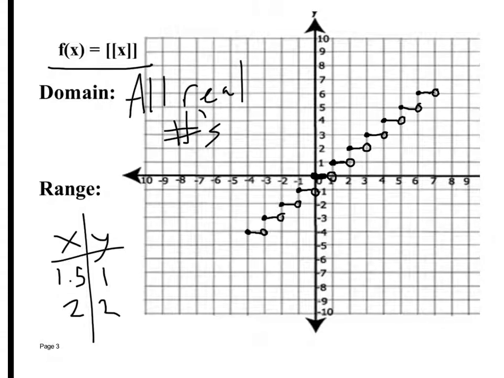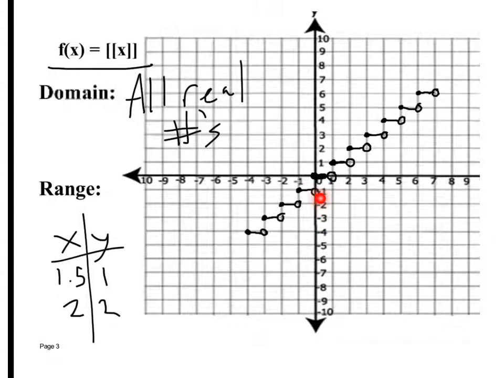My range. What will be my range? Remember, range is y coordinates. What y coordinates are included in this graph? Remember, it continues on, and it goes up all the way through. All of the y coordinates are included if they're an integer. Look at this, negative 3, negative 2, negative 1.